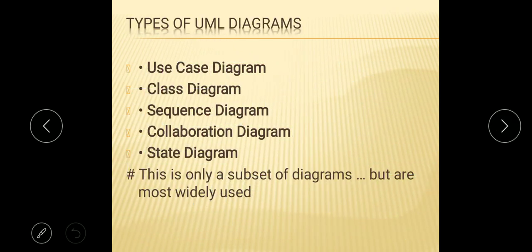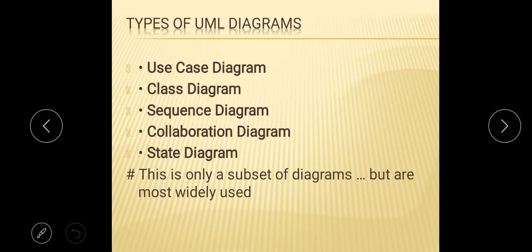Now, we have seen the various diagrams we have in UML, but as per the syllabus at graduation and post-graduation level, like BTech CSE, IT, MCA, MTech, BCA, BSc Computer Science, or MSc Computer Science, these mentioned diagrams are mostly used, and most questions are asked from these diagrams only.